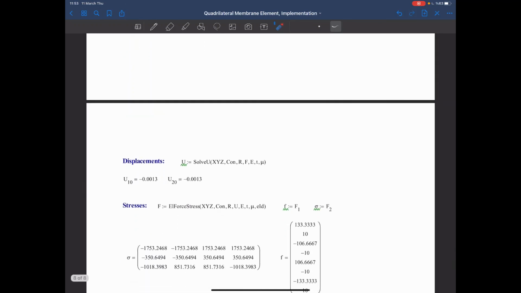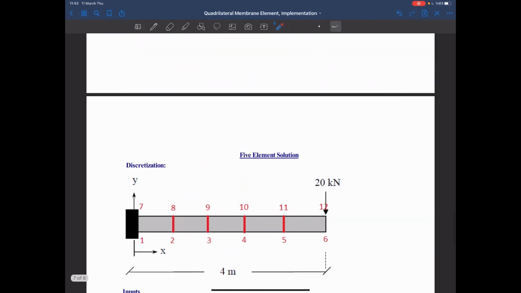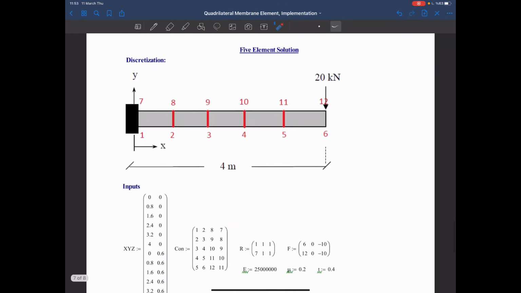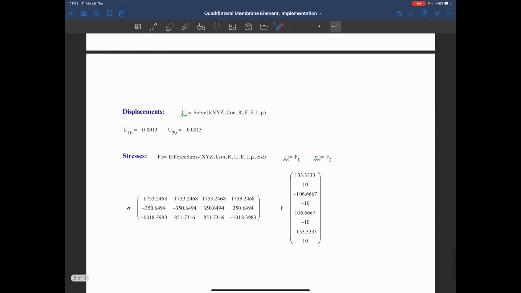Okay, now when we look at the stresses again, the axial stress is again half of what we expect to see, but the shear stresses are huge, right? We expect to see 100 kilopascals at the support, and I'm seeing almost 10 times larger stresses.